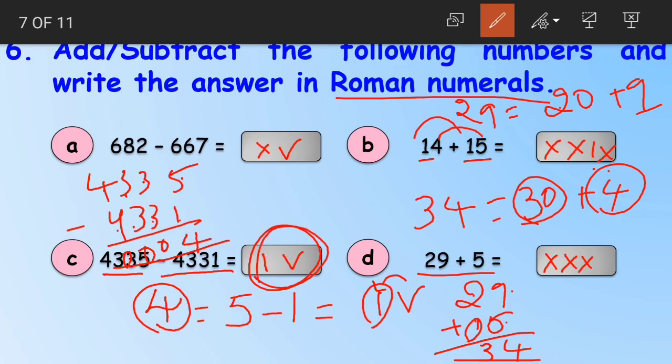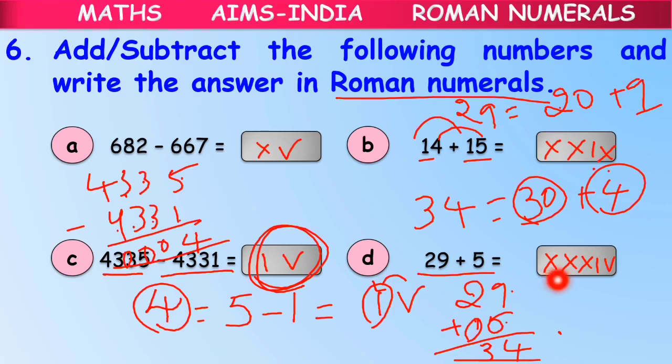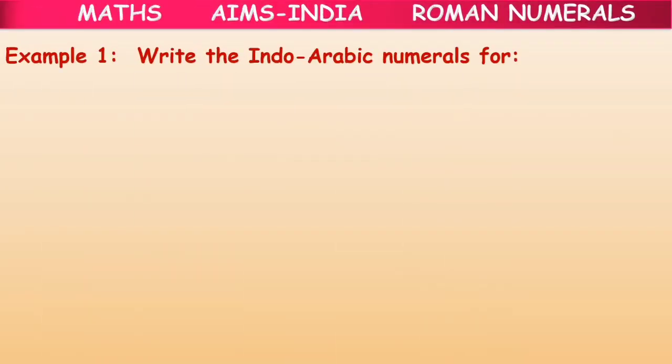We wrote it here already, right? 4 is written as IV. So 34 is written as XXXIV. Clear, children? What we did here? We added and subtracted the numbers and we wrote the answer in Roman numerals. I hope this is clear.